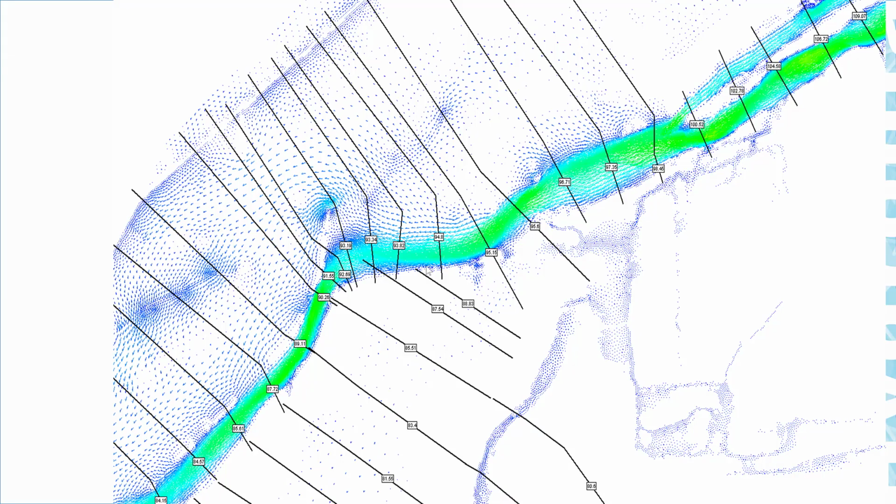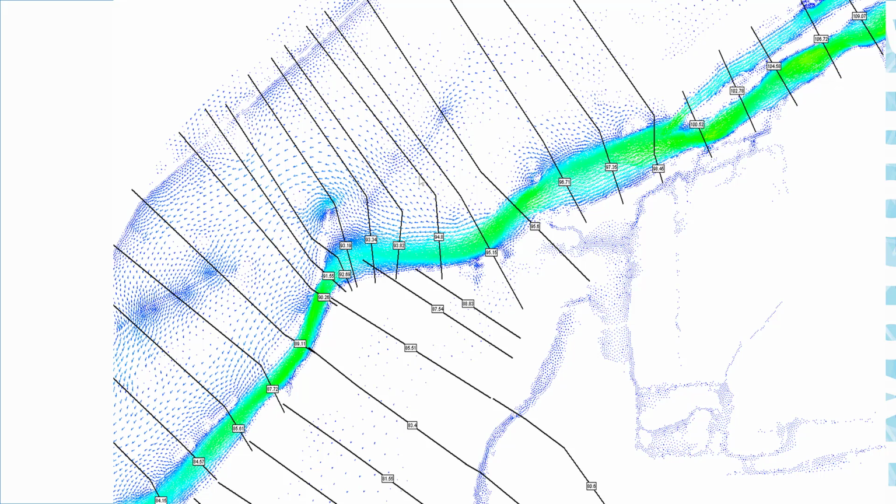The other thing that happens in 1D models is that, as I mentioned, the assumption is that the flow is perpendicular to the cross section. So you have this cross section here, and for the most part the flow is perpendicular, and that would be okay. But look at what happens here. In this cross section, the flow is, in large part, almost parallel to the cross section.